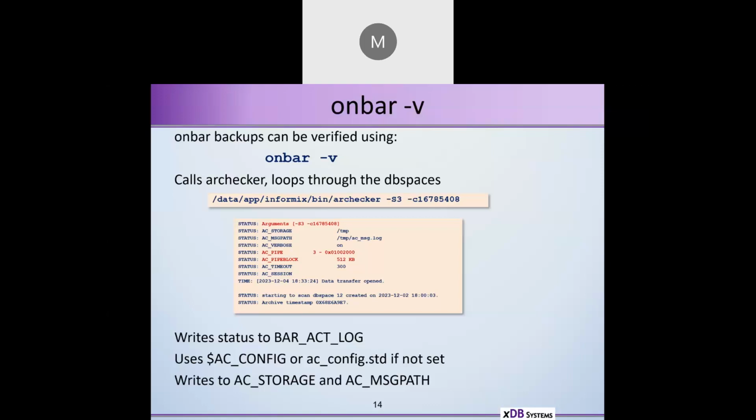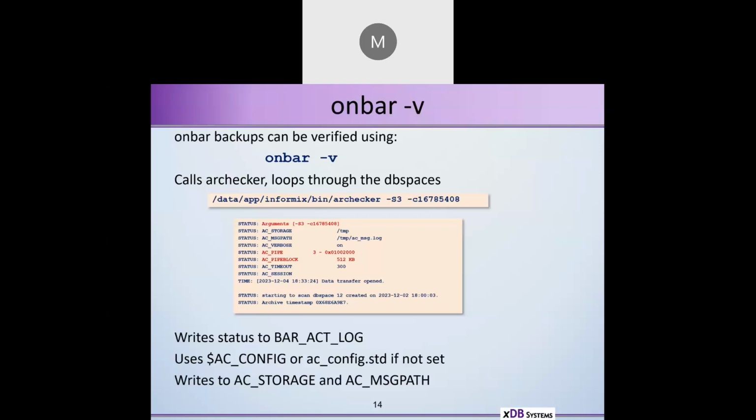Now, you'll see in the little sample here I've cut and pasted from an output, you'll see how the arguments, instead of being just -B or -T, show a dbspace number. And you can see this AC pipe and AC pipe block. These are set. So I'm not going to try and explain what's happening behind the scenes here, but it does run in a slightly different way.